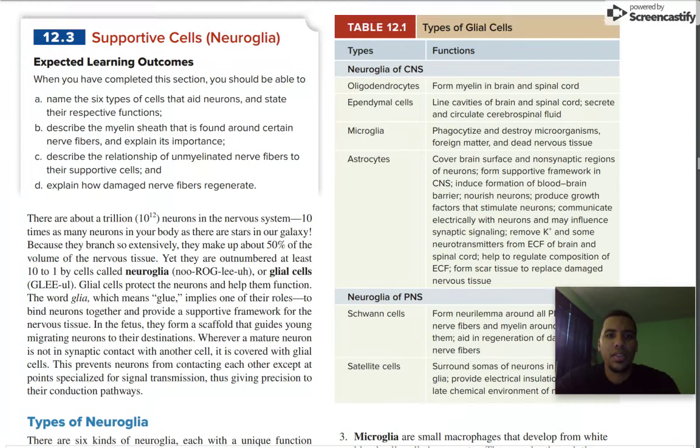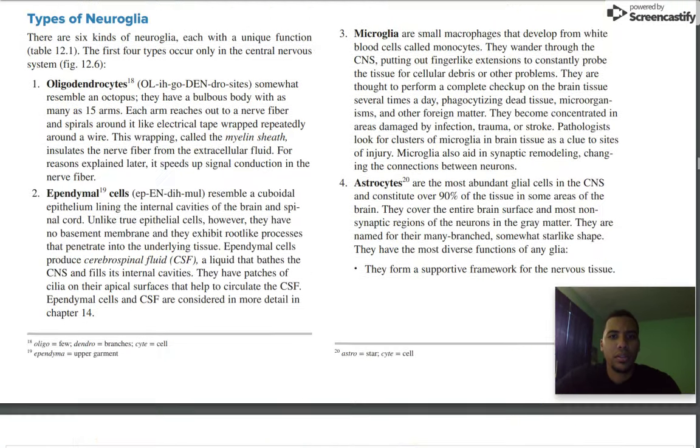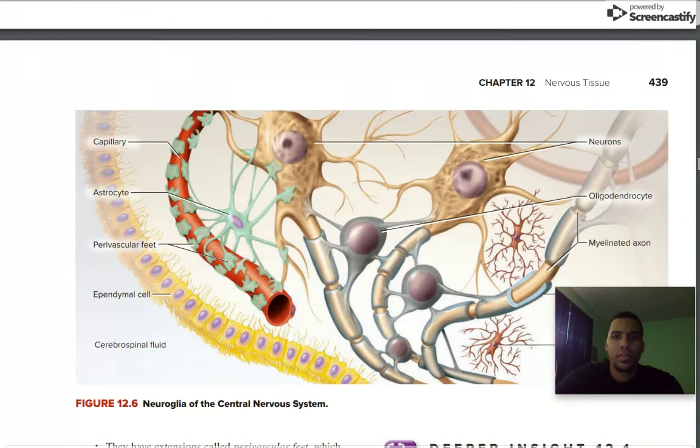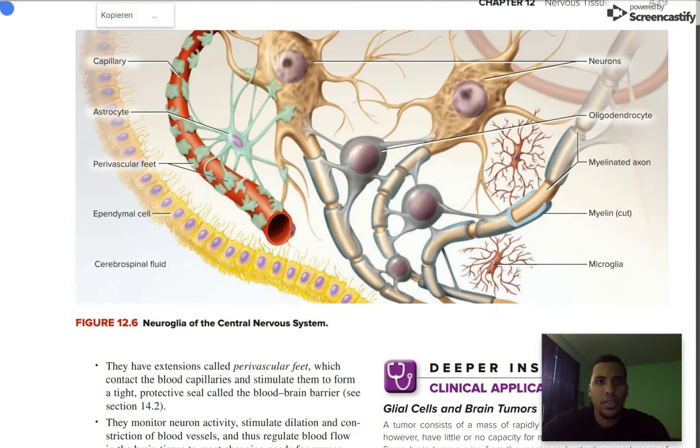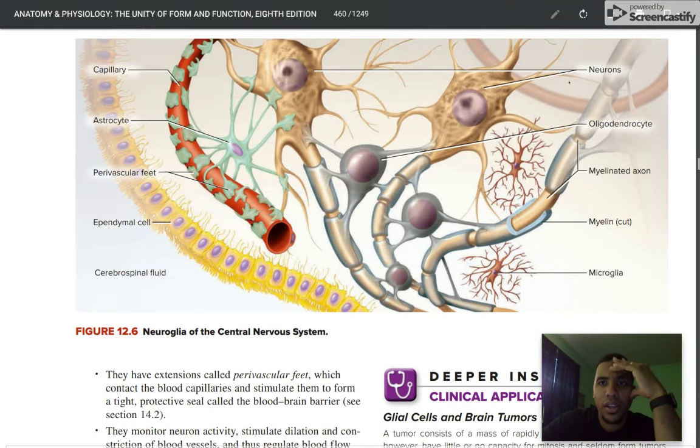And you could actually see them in this picture here. Let me get that out of the way. So right here you have your neurons. They're dancing right here. Let's go in order. Your oligodendrocytes right here. They're like an octopus with arms everywhere.